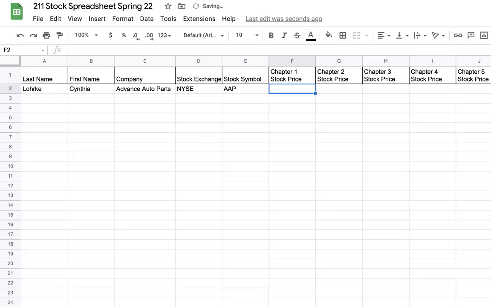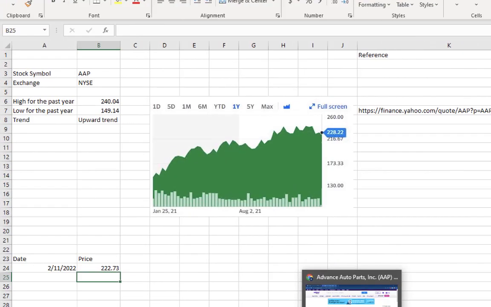Now, the Chapter 1 stock price, we didn't look up. I forgot. So, I think what I'm going to do, let me see if I have it on my spreadsheet. I think it would be the last price when I pulled it up.